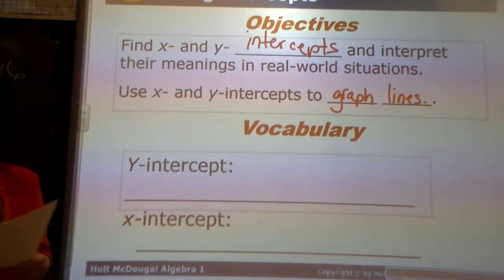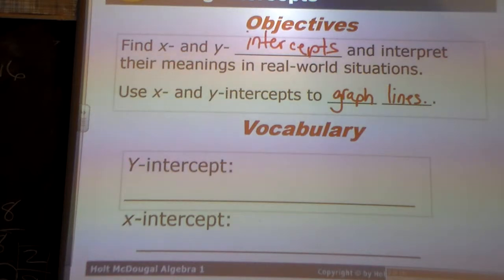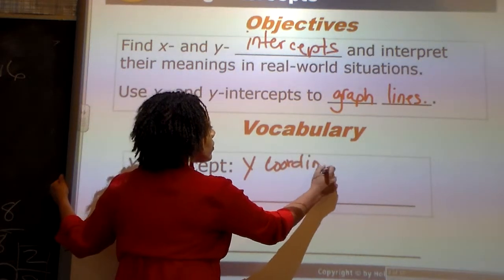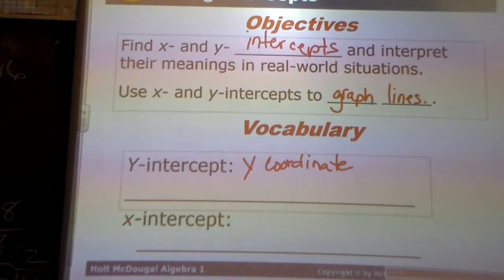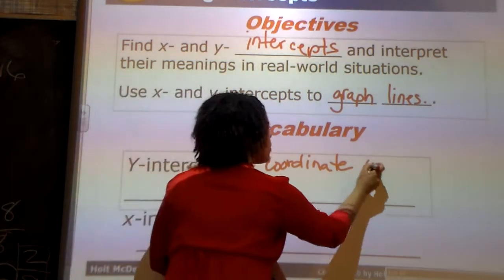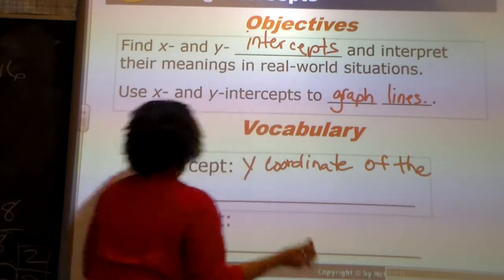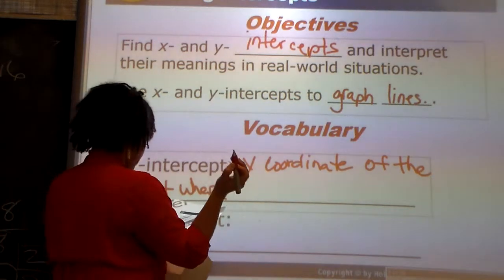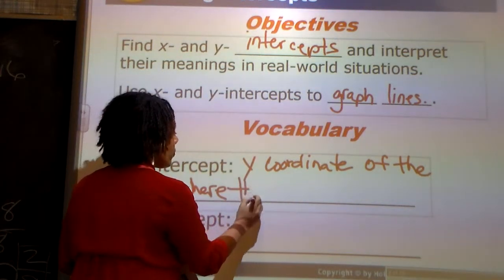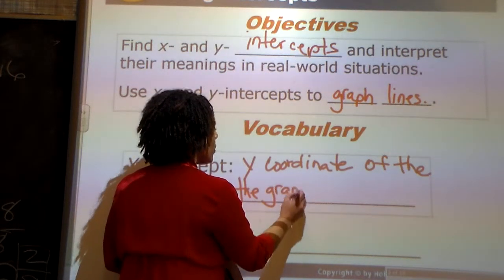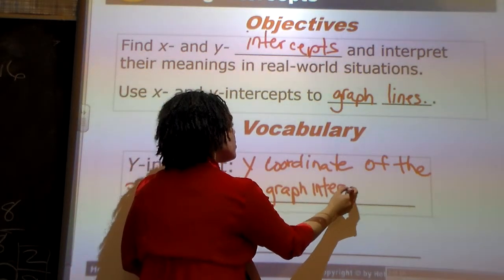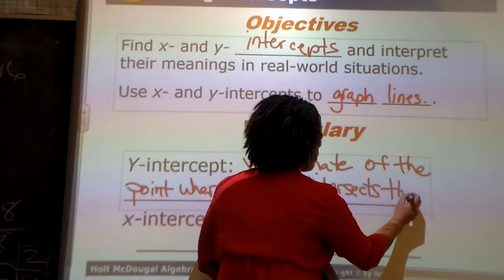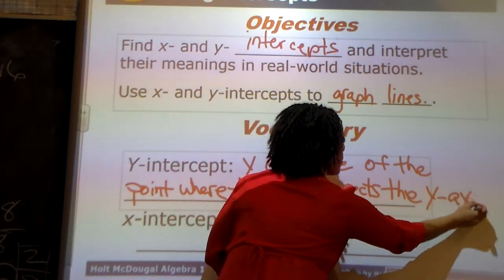Well, what is a y-intercept? The y-intercept is the y-coordinate of the point where the graph intersects the y-axis.